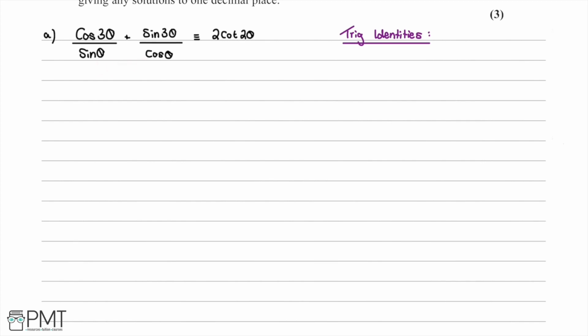So our first move here will be to multiply cos 3 theta by cos theta. We're going to work with this left hand side and work towards this right hand side.